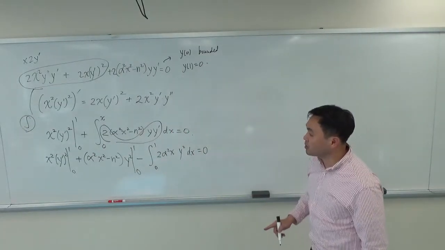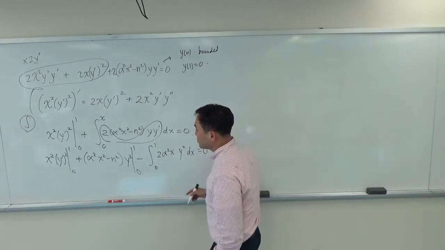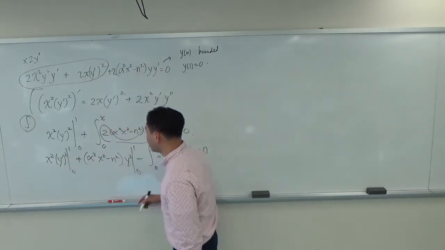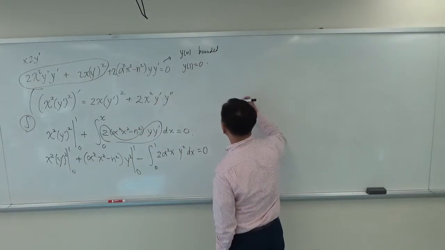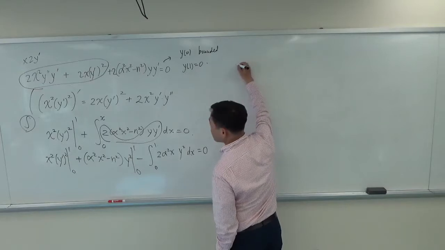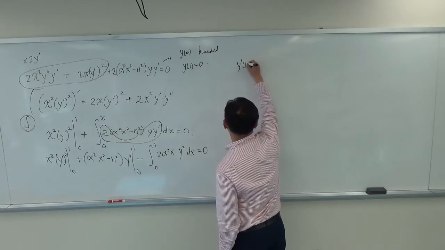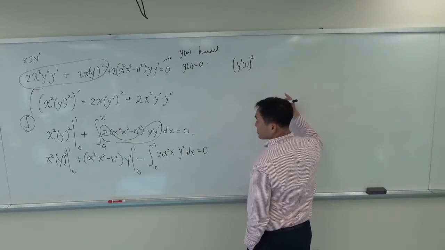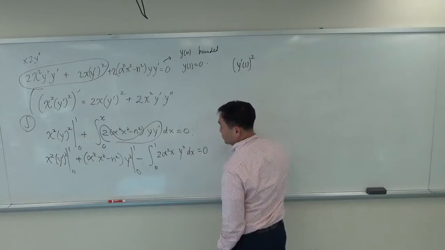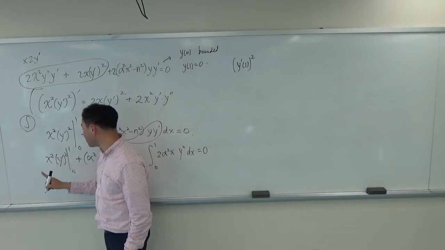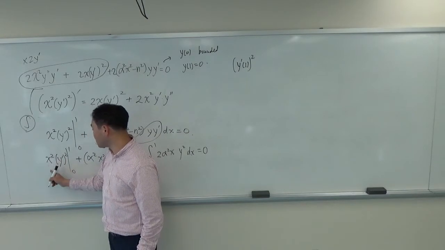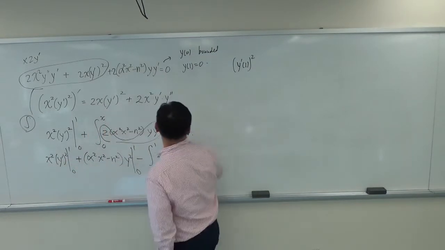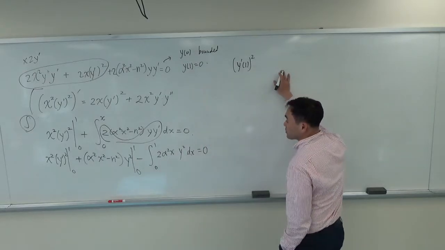On the other hand, when you plug in 1, it's just y prime of 1 squared, because when 1 goes into x, it's just 1. When 0 goes into x, that's 0. So you just get y prime of 1 squared.